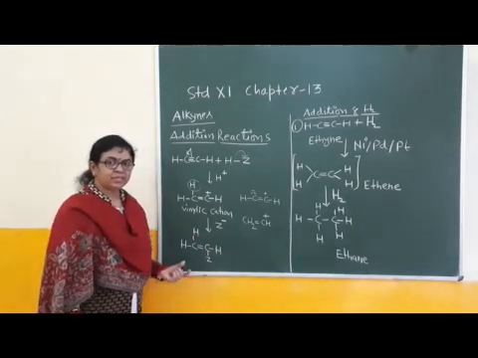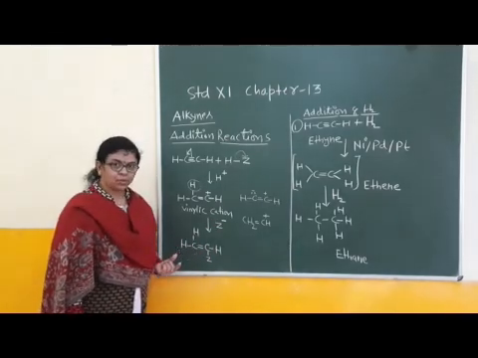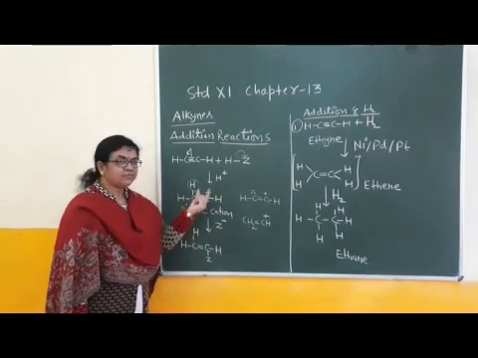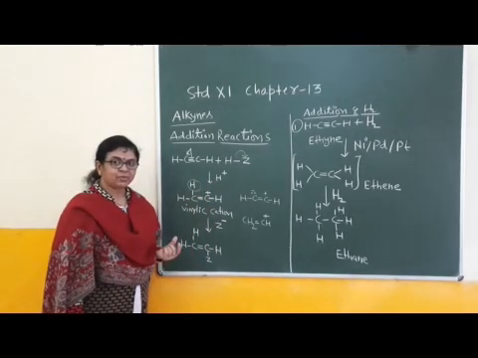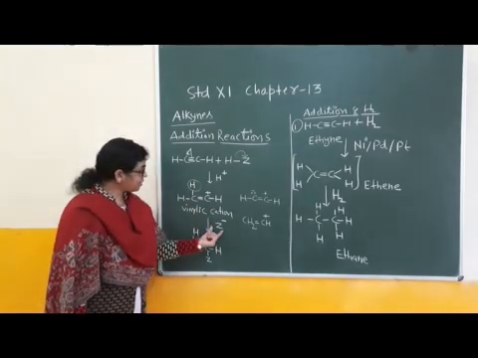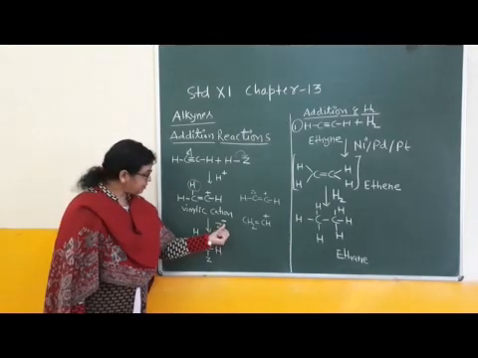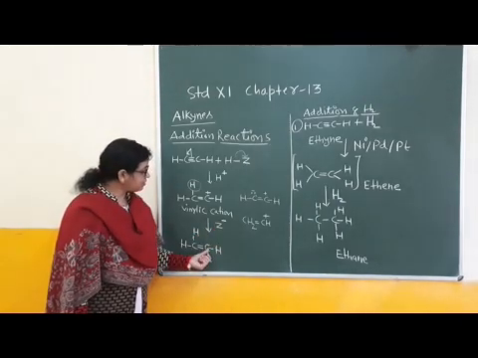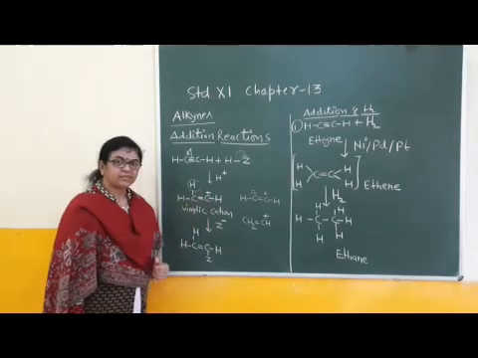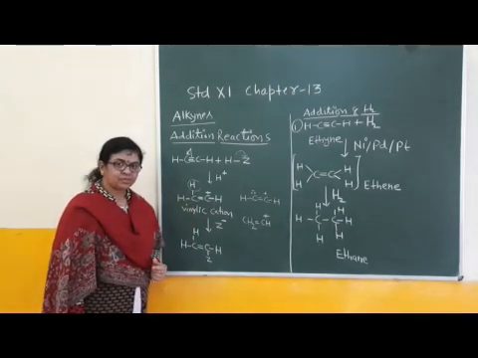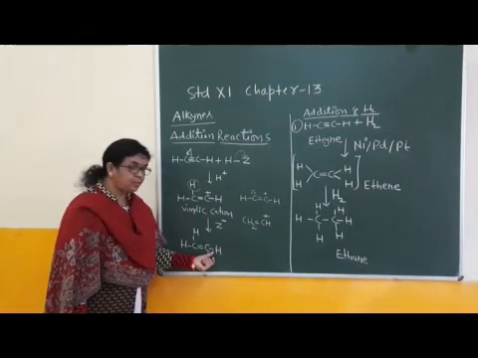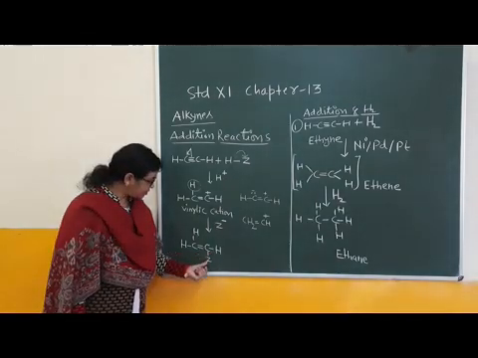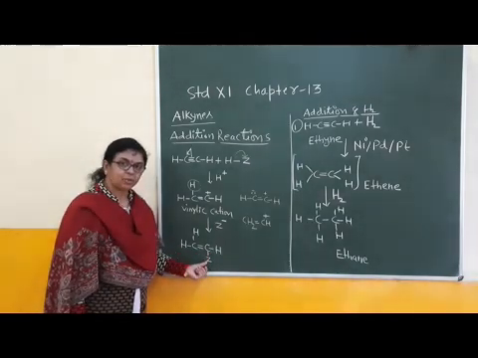Negative chemical species act as nucleophile and positive chemical species as electrophile. Right? Now the second attack is by the nucleophile at the electron deficient center or positive center. Then there is formation of a new chemical bond between C and Z.